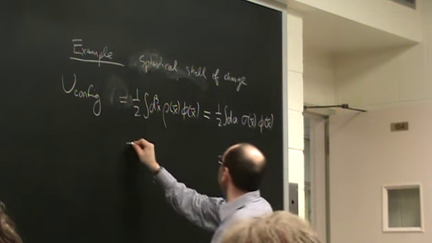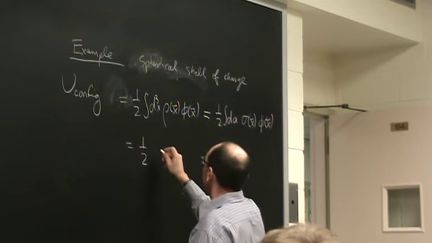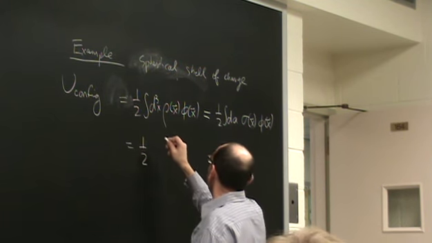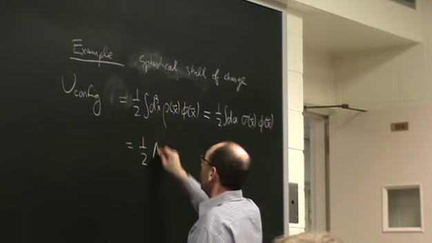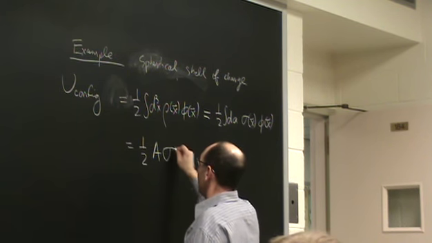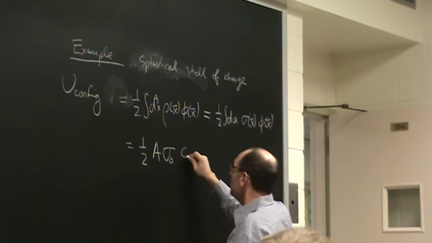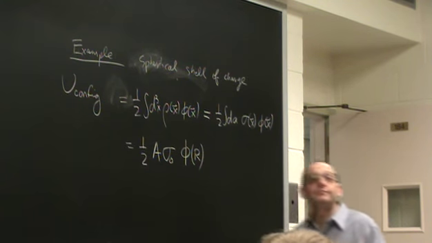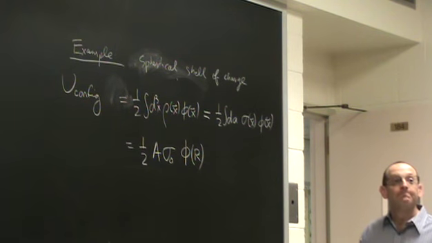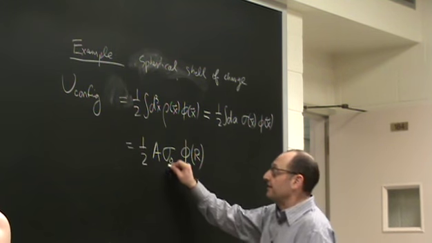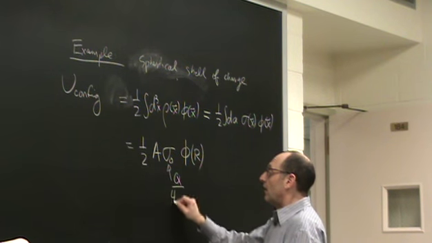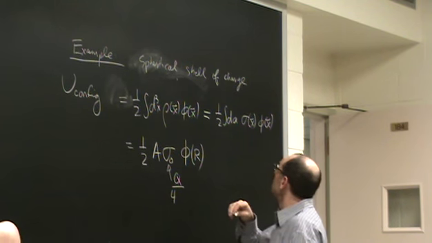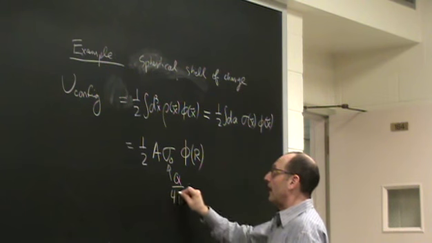So this is equal to 1/2 the area times the surface charge density times the potential at the radius r. Okay? And in this case, this is equal to Q over 4 pi r squared.